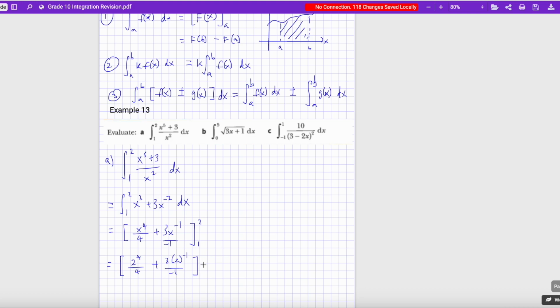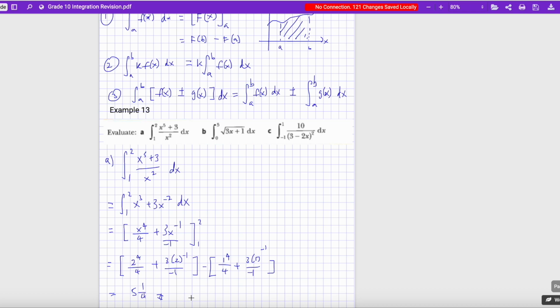Then you're going to subtract, not add, subtract. This time around, you're going to substitute 1 in. So this will be 1 to the power of 4 over 4 plus 3 times 1 to the power -1 over -1. Then you evaluate that, 5 and 1/4, I believe.